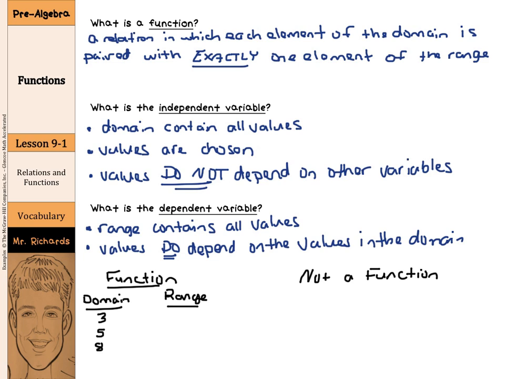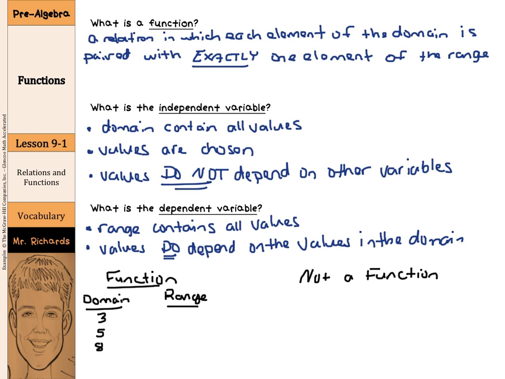Where those numbers come from, I made them up. We can choose the values for the domain. Now, typically what you'll have with the function is some sort of rule. Multiply by 2, subtract 1, something along those lines, typically.